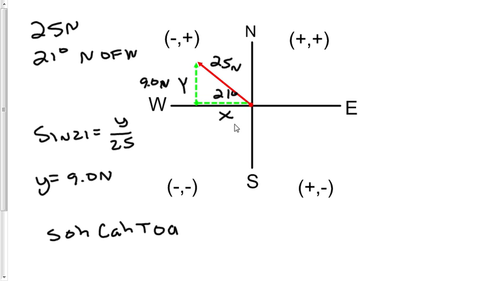Now we want to find our x coordinate. We will say the cosine of 21 is equal to x over 25. x equals 23 newtons. Let's record that next to our x.